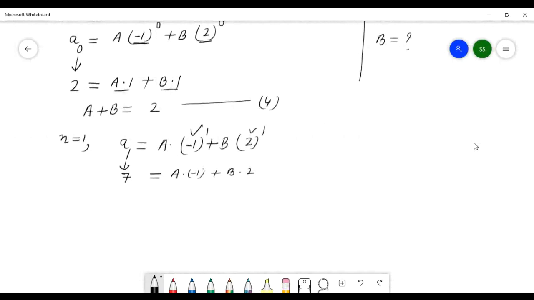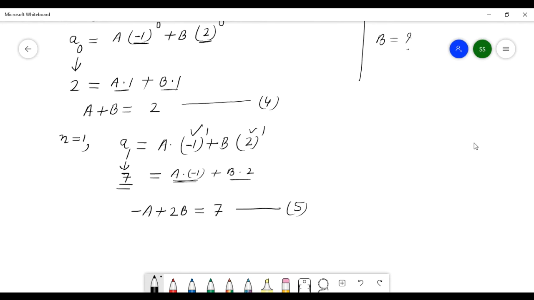This is equal to A times minus 1, that is minus A, plus B times 2, that is 2B, equals 7. This is equation 5.